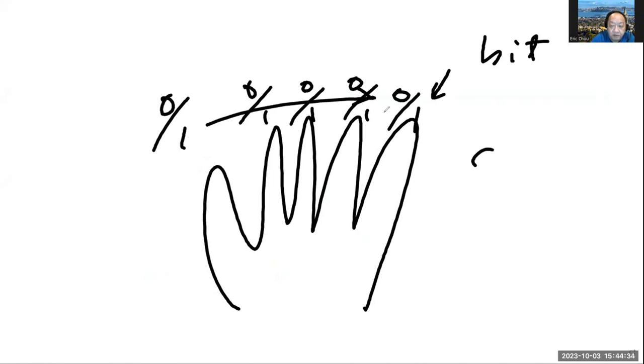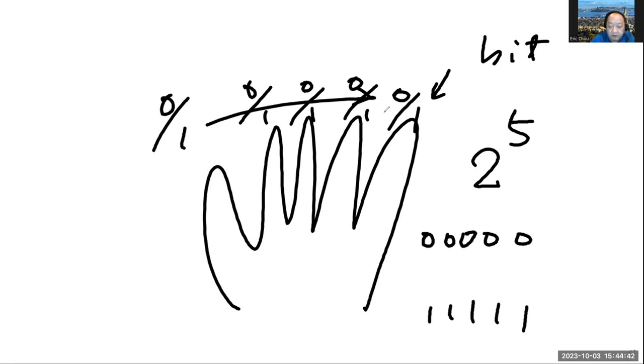So the number can be 2 to the power 5, from 0, 0, 0, 0, 0 to 1, 1, 1, 1, 1. This is 0, and this is 31. Totally 32 numbers. A single hand can represent so many numbers. Our binary number is similar to this. In your computer, it stores something like this.